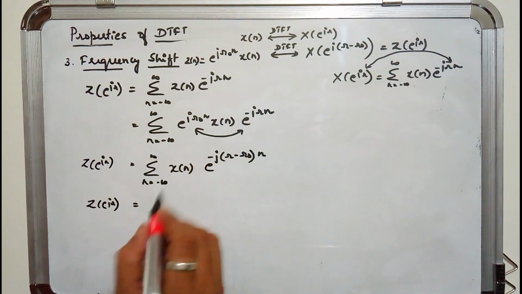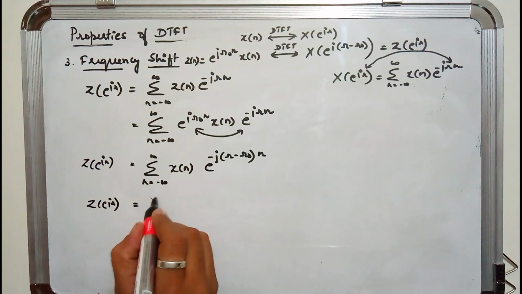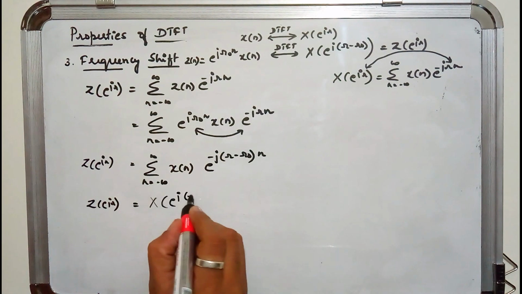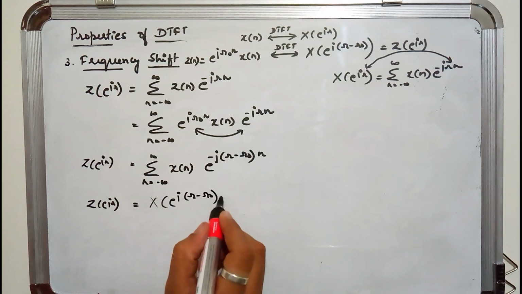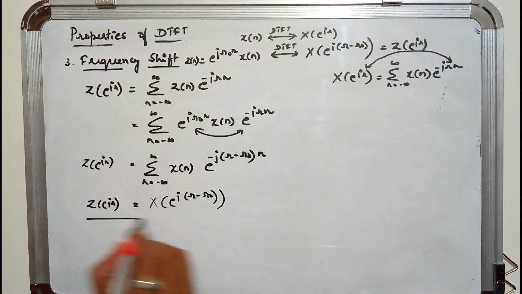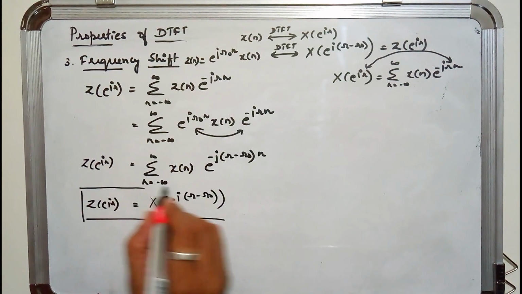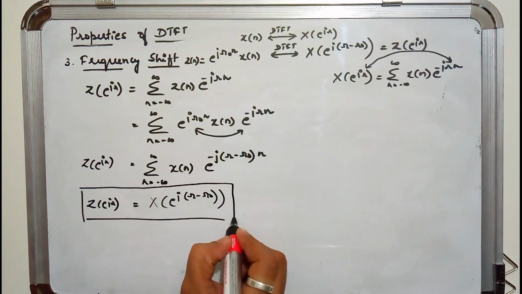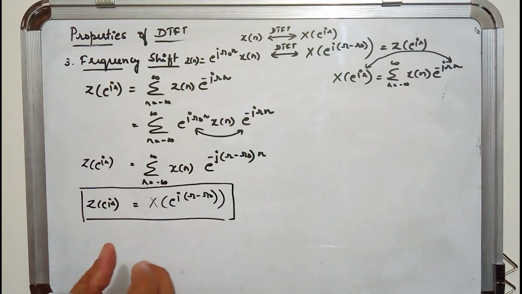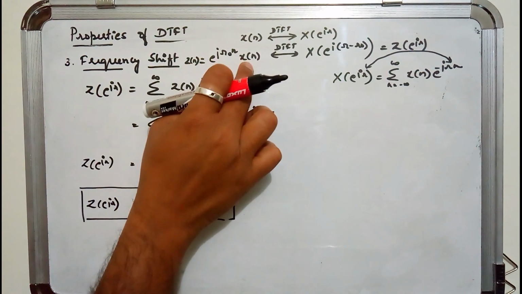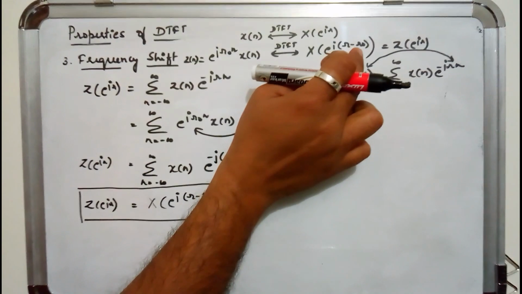If you have omega shifted by omega minus omega naught, I will be having x of e power j into omega minus omega naught. So this is called the frequency shift property. That means this is opposite to the time shift. If you have a shift in the time, there will be an exponential multiplier with the negative sign in the output, and if you multiply an exponential in the input, there will be a shift in the frequency in the output.